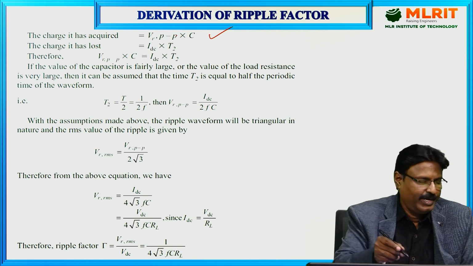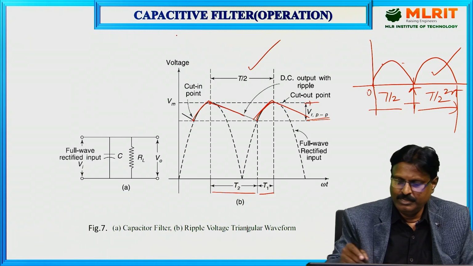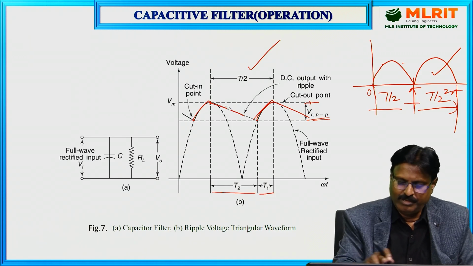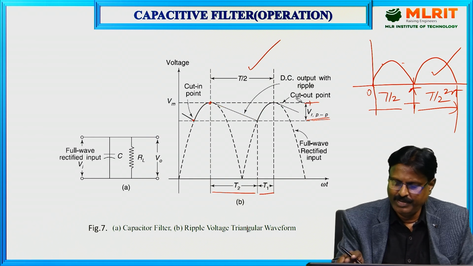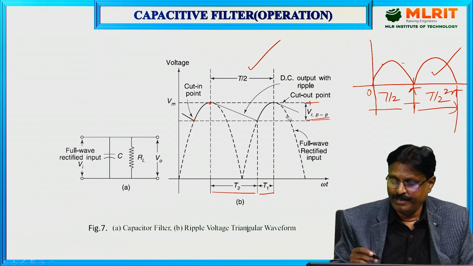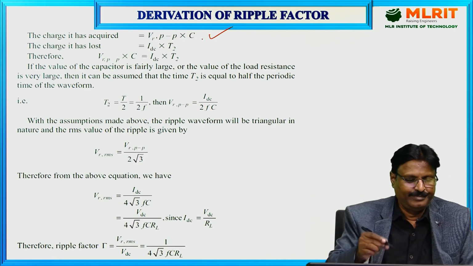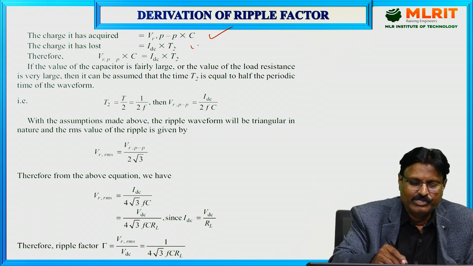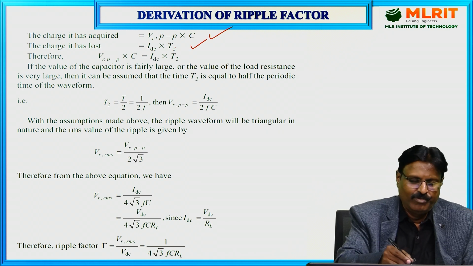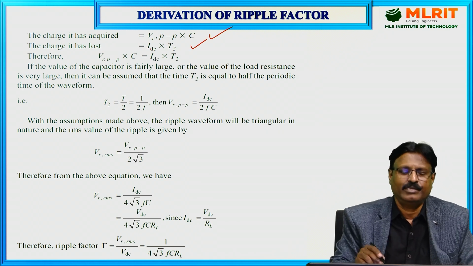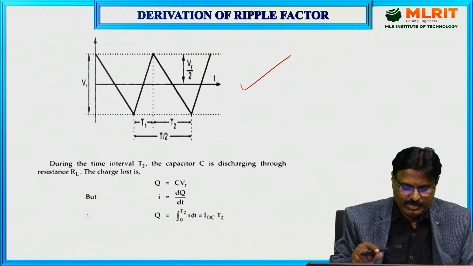So VR peak to peak, which is the amplitude of this particular ripple, from here to here, and C is the capacitance of the capacitor. The charge it has lost during the discharge path is the time period T2 into current IDC. Okay, so this happens like this.